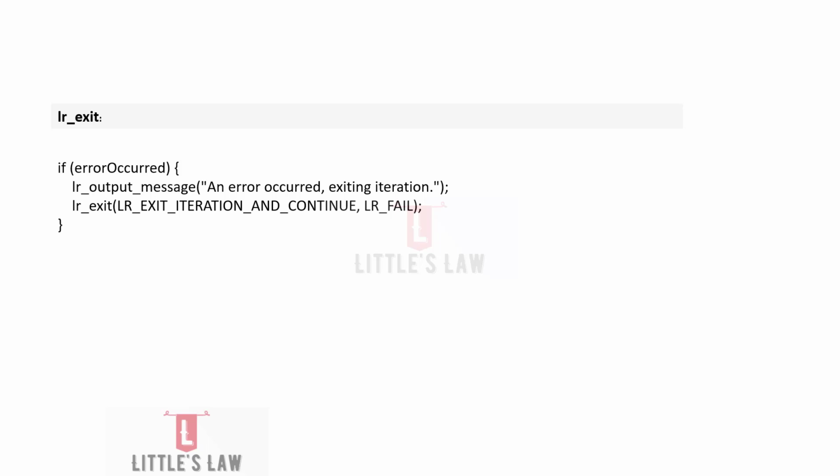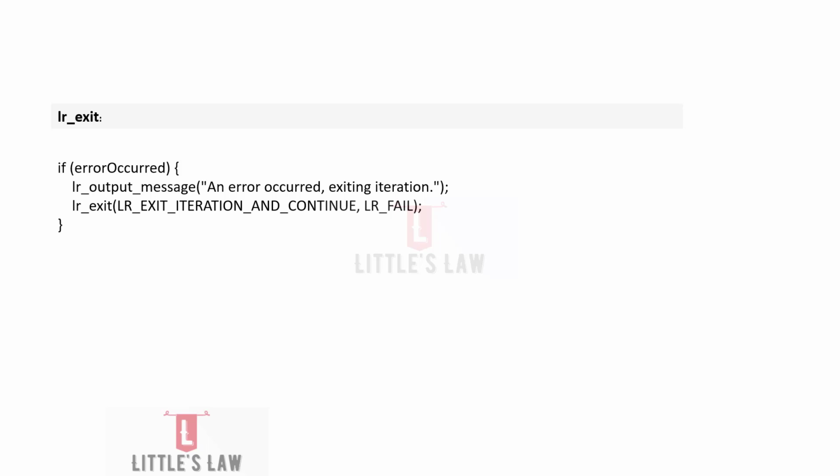But on the other hand, LR exit allows for more surgical control over script termination, because this function lets us exit the current iteration while allowing others to proceed. Think of it as a refined instrument that selectively stops a specific script sequence, leaving the broader test unaffected.